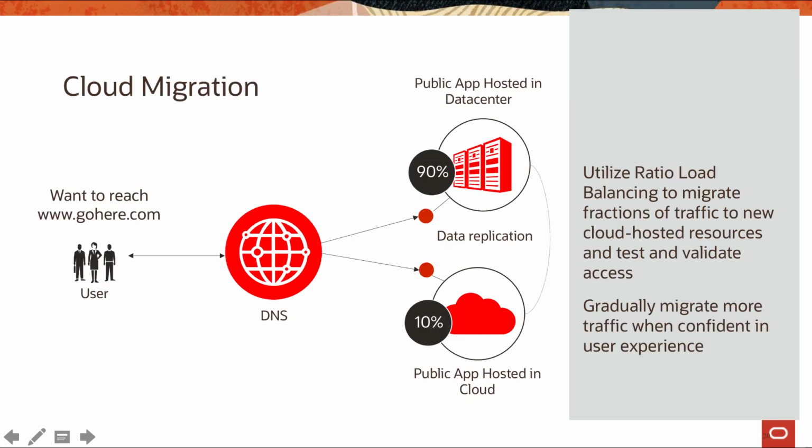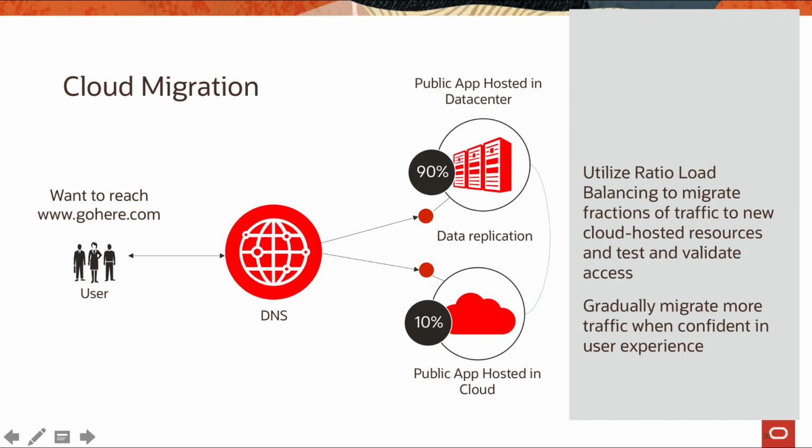Additionally, cloud migration is another common use case where you use the load balancing functionality within the traffic management policies, in which you have the ability to load balance your traffic based upon the weight that you provide to your individual endpoints.